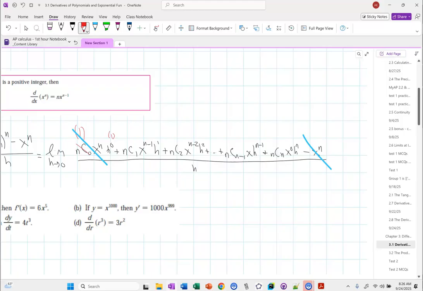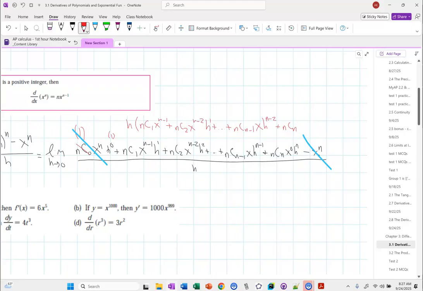Everybody's good? Okay. If I look, everything else that's left all has an h in it. You guys see that? So I can take an h out, and I'd have nC1 x to the n minus 1 plus nC2 x to the n minus 2 h to the first, dot dot dot, plus nC(n minus 1) x times h to the n minus 2, plus nCn.